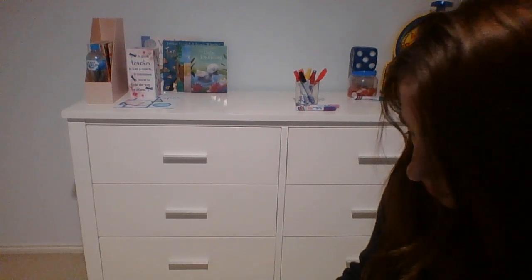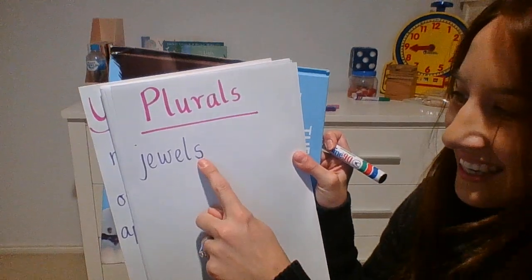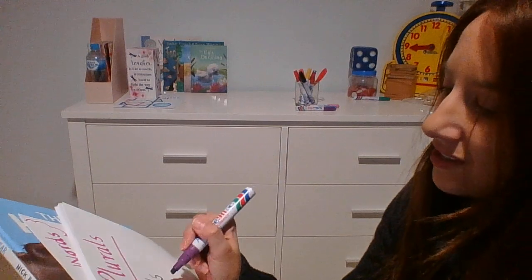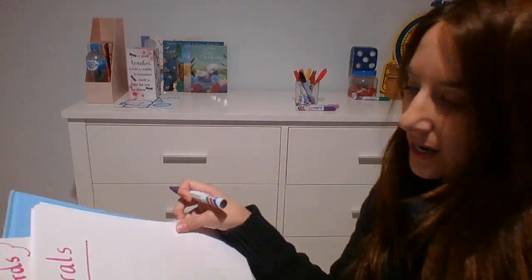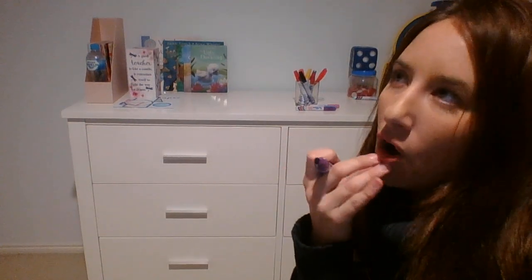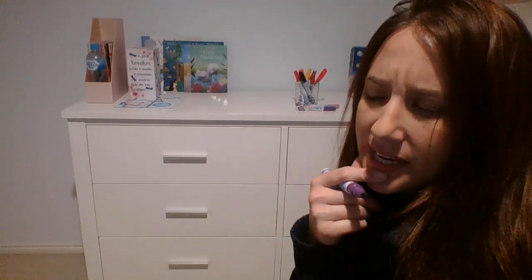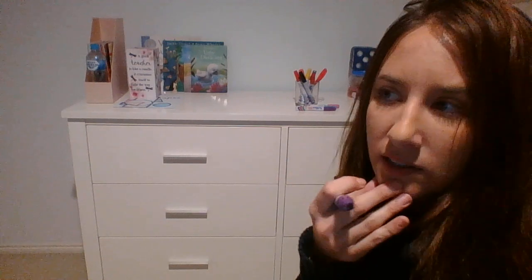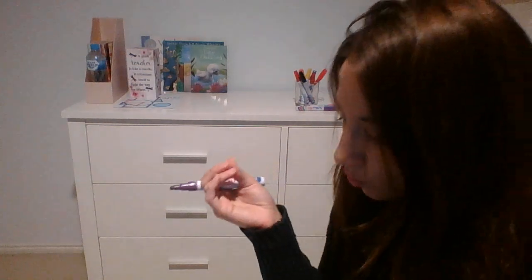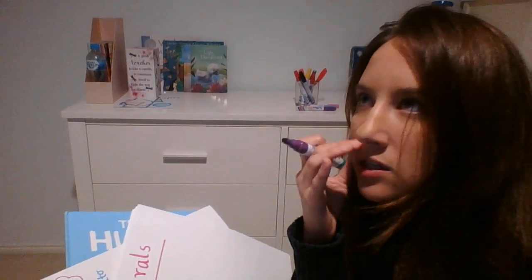Jewel. Okay? Jewels. It has an S at the end. I'm going to underline that S. Now, I'm going to take the S off that word, and I'm going to think about if it becomes singular.